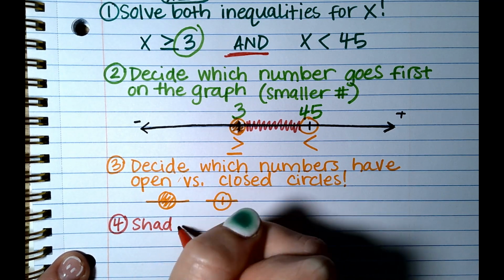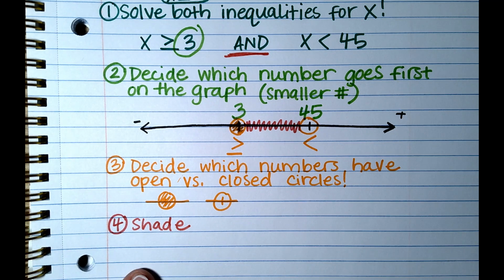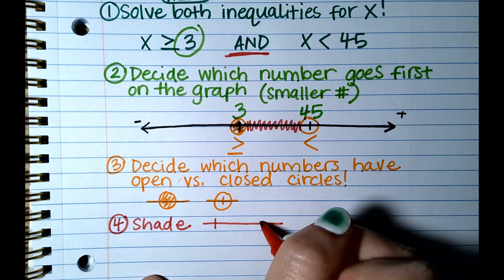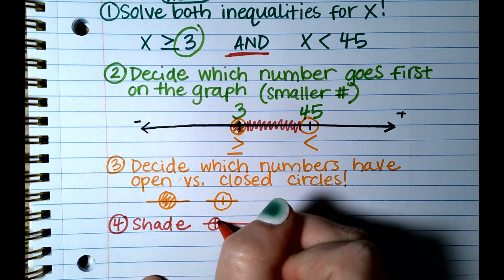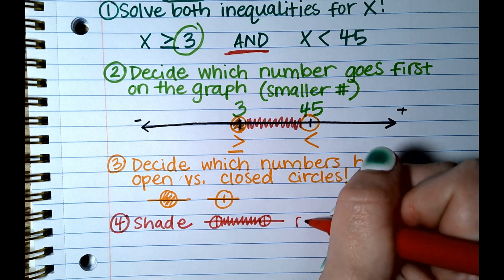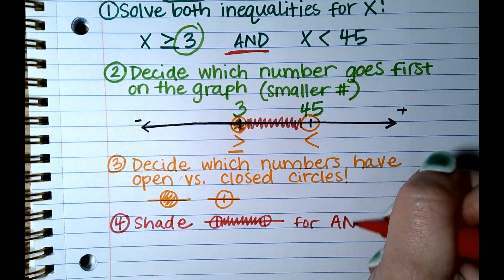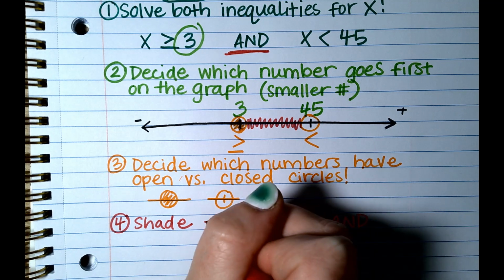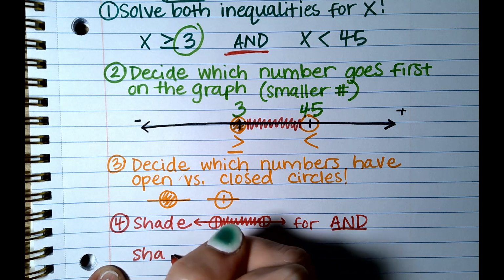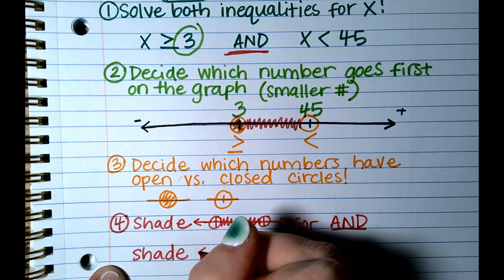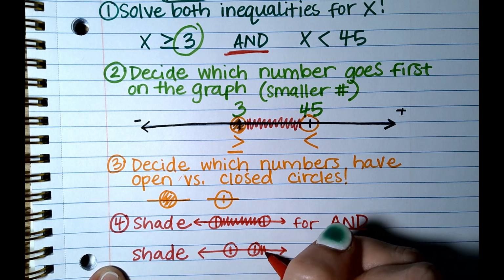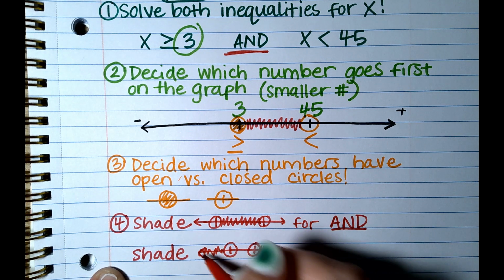So I'm going to write shade. And I'm going to draw a picture for this one. Shade like that for and. Or shade outside for or.